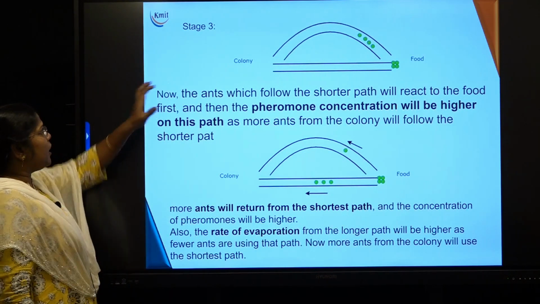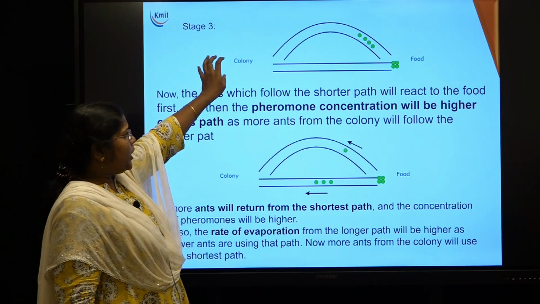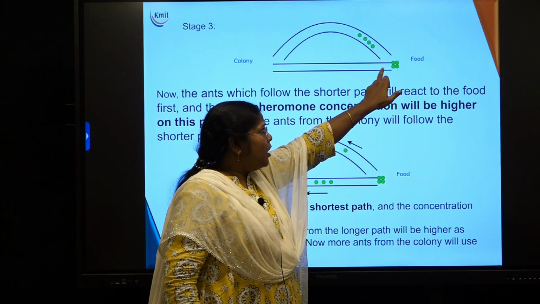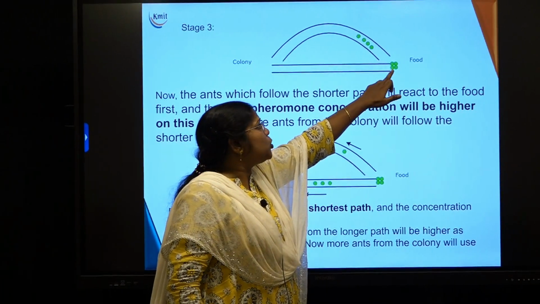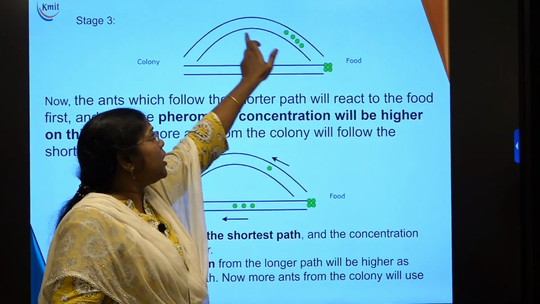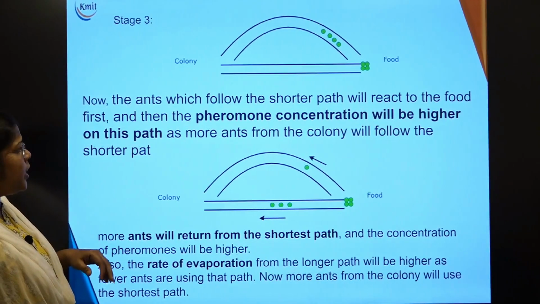Coming to stage 3, from the colony the ants that took the first path have all reached early, and those on the longest path reach late.